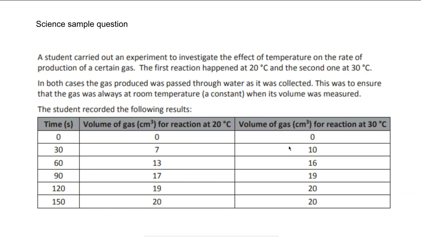You're comparing, and even after 30 seconds, we had more gas produced at 30 degrees Celsius, and the same all along, more gas produced at 30 degrees Celsius until the end. We have the same gas produced in both at the end. So this is a faster reaction.